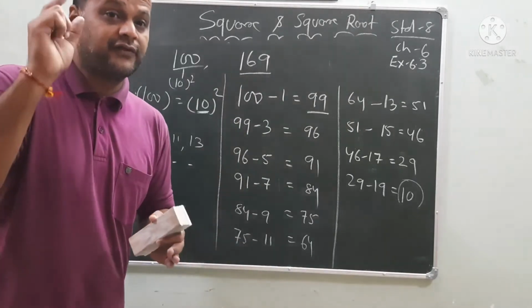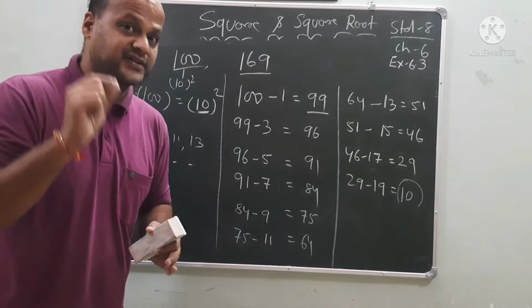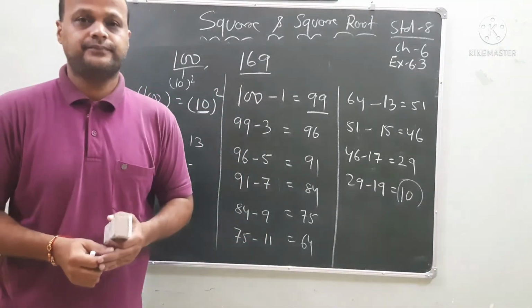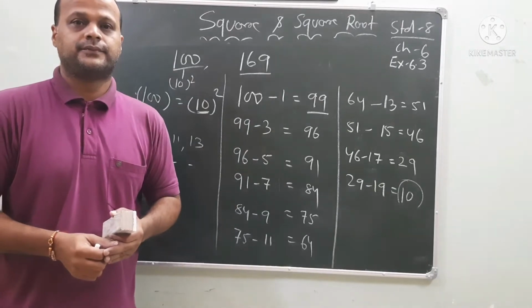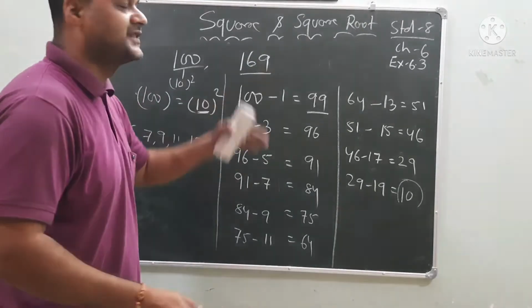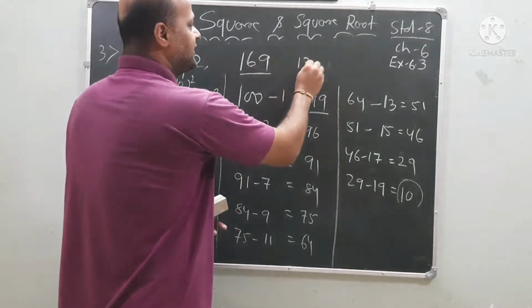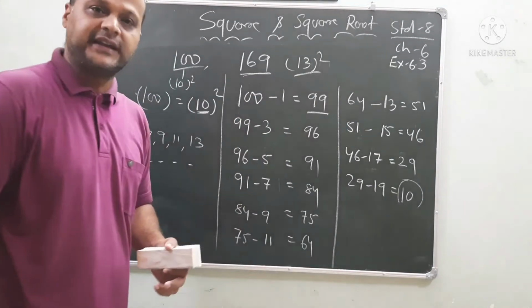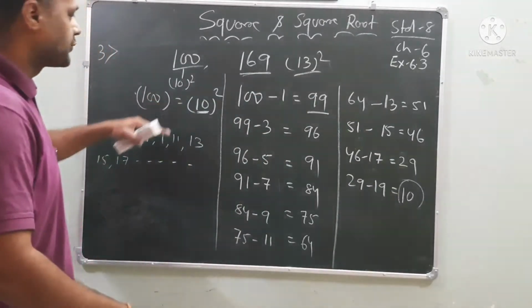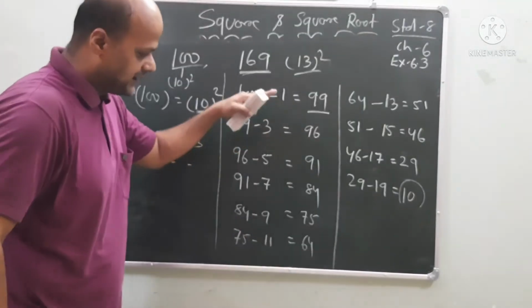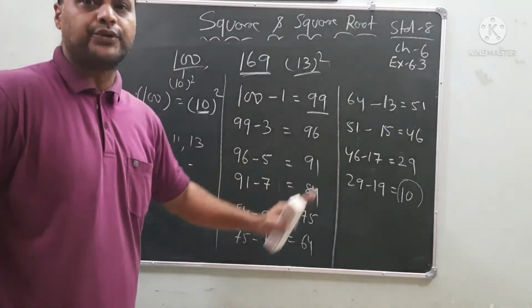I told you in the first class you have to remember the squares of the numbers. 169 is whose square? Yes, Kali, it is correct. It is 13 square. Means if I square 13, then 169 will come. So you have to subtract 13 odd numbers from 169 step by step.